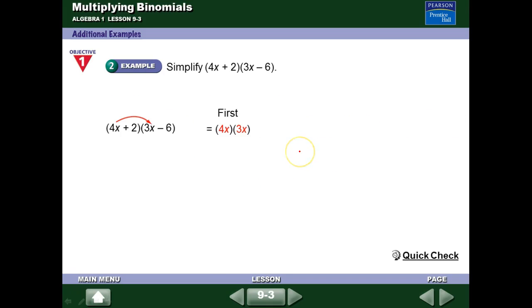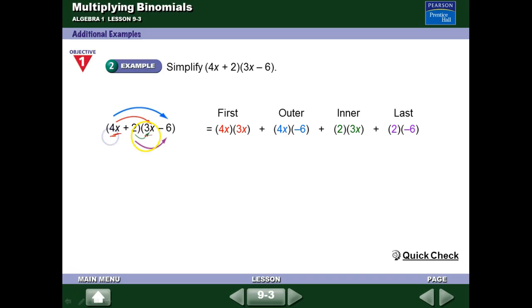Now you can see here, we'll start with the first. Use FOIL. We've seen FOIL, and I'll put all of them out. First here, 4x times 3x, so my first terms in my parentheses. Outer, so the outside, my 4x and my 6 multiplying each other.